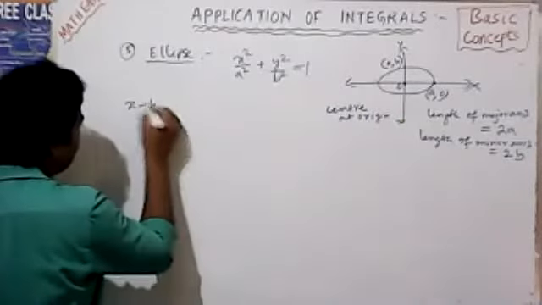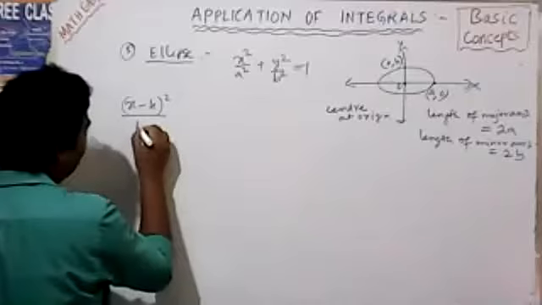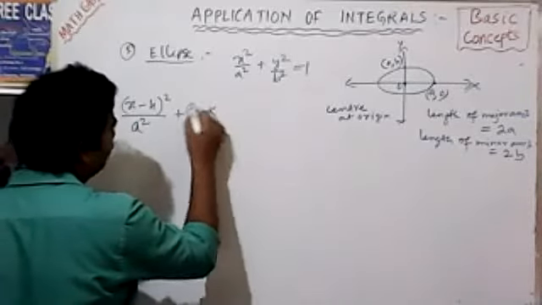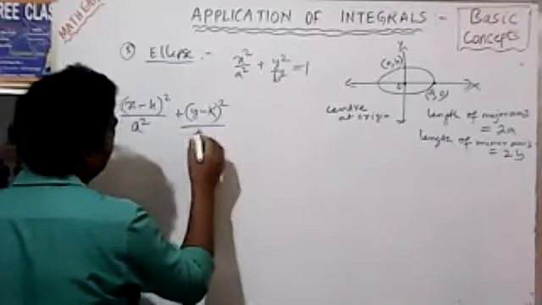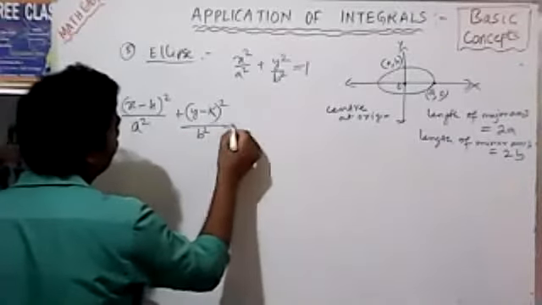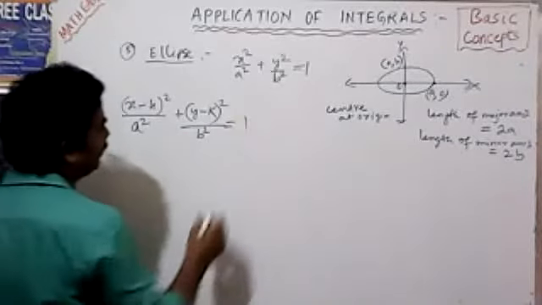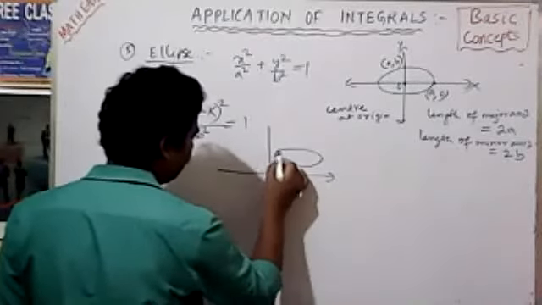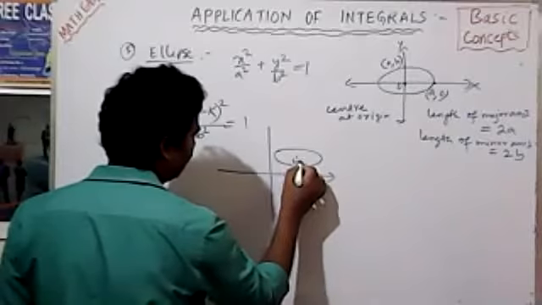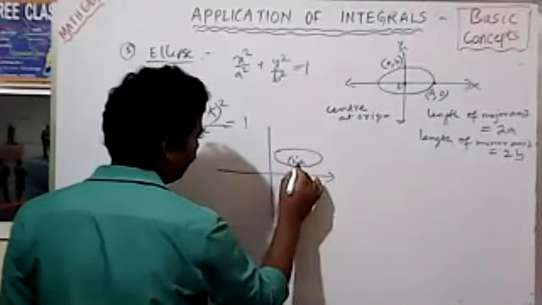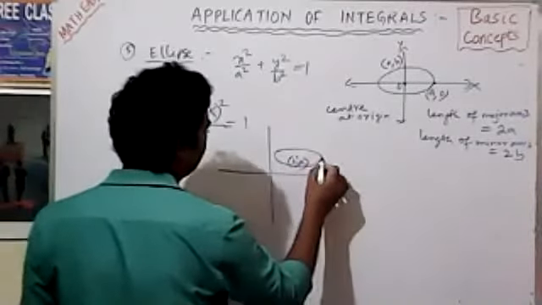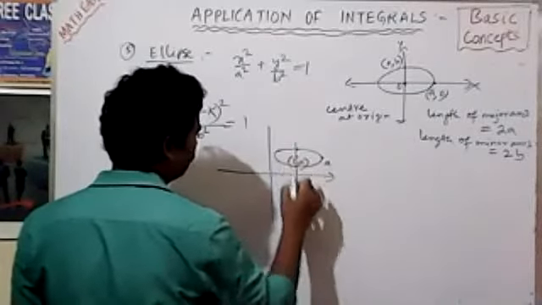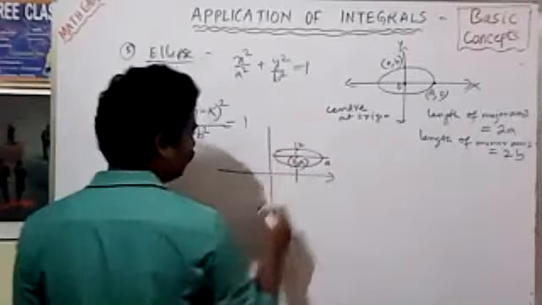Similarly, (x minus h) whole square by a square plus (y minus k) whole square by b square is equal to 1. The diagram looks like this, with center (h, k), this is a, this is b.